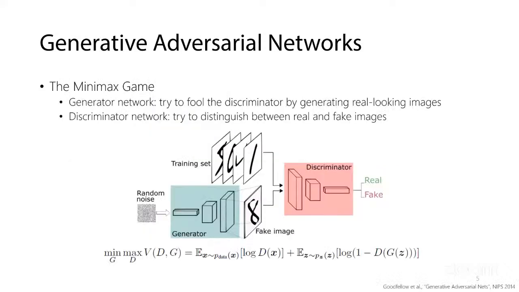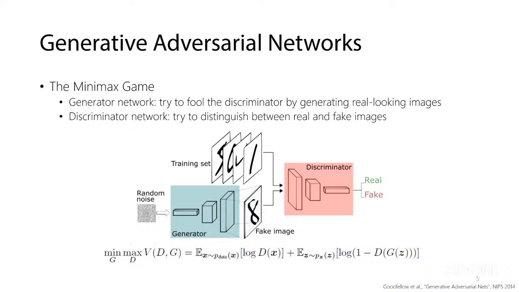This is a typical example of what's called a minimax game in game theory. There are two different players in the game who have opposite objectives. One tries to maximize, the other tries to minimize. Maximize what?